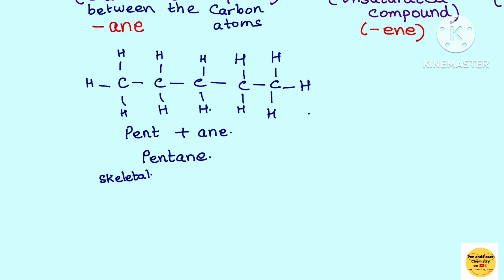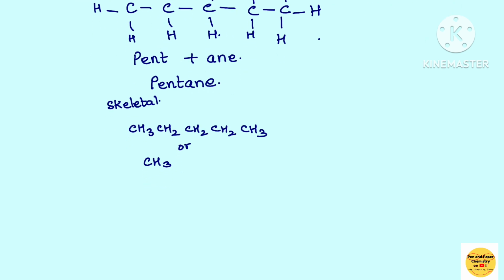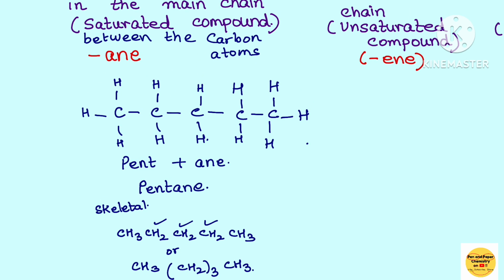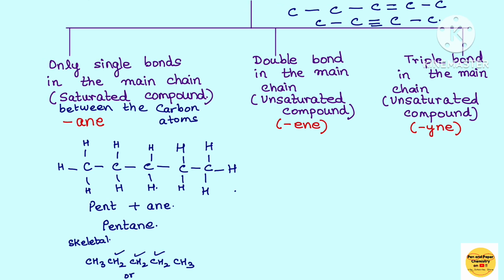Yes, you condense it: CH3, CH2, CH2, CH2, CH3. Or you could also write it as CH3, and how many CH2s are there? 1, 2, 3. So I can also write it as CH3 (CH2) thrice and then CH3. Got it? Getting a hang of it? Okay, let's go ahead with the next one.